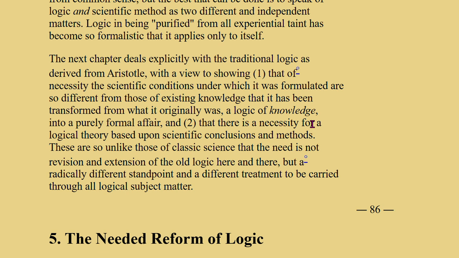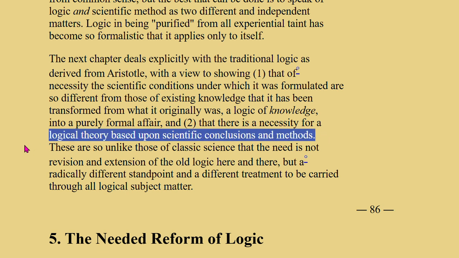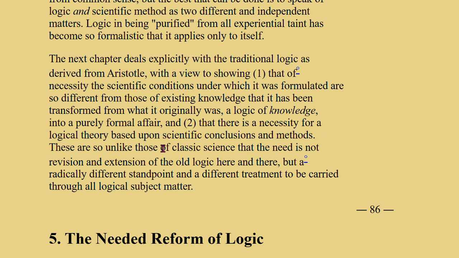And 2, that there is a necessity for a logical theory based upon scientific conclusions and methods. And that's what Dewey is trying to do. Come up with a logical theory based upon scientific conclusions and methods. These are so unlike those of classic science that the need is not revision and extension of the old logic here and there, but a radically different standpoint and a different treatment to be carried through all logical subject matter.